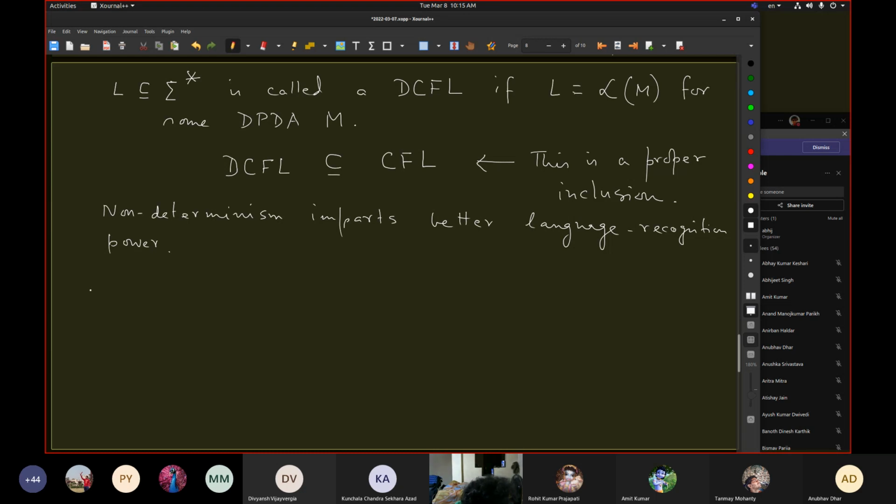This is an important theorem. I mean, proving this requires some time. I would prefer to avoid this complete formal proof, but I will give you an idea. Deterministic context-free languages are closed under complement.